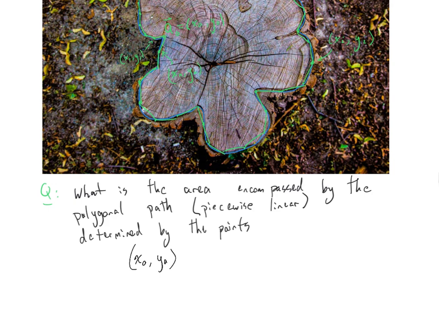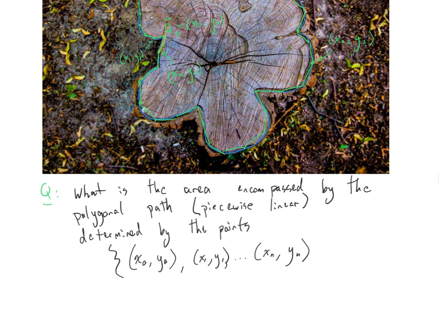y0, x1, y1, through xn, yn. And then if you were counting the edges, this last edge, which I'm going to highlight, kind of looks the same. Let's highlight it in yellow.